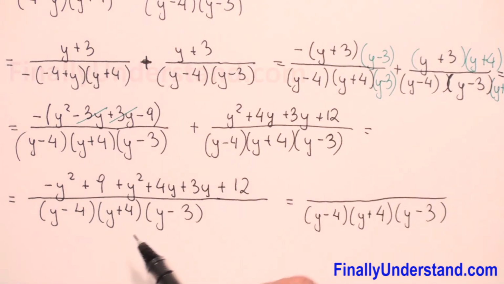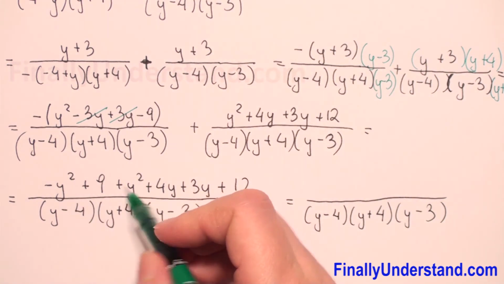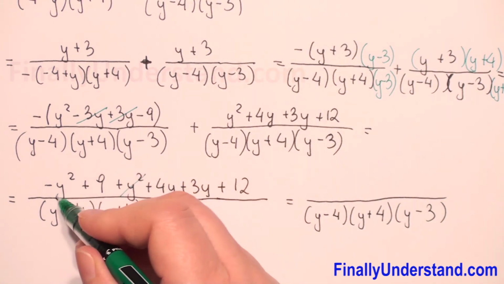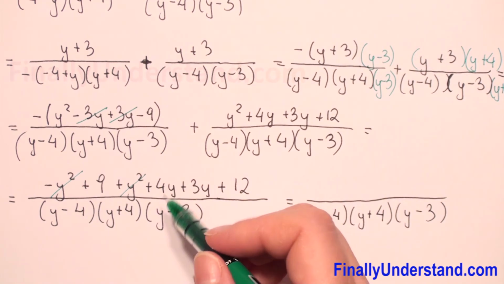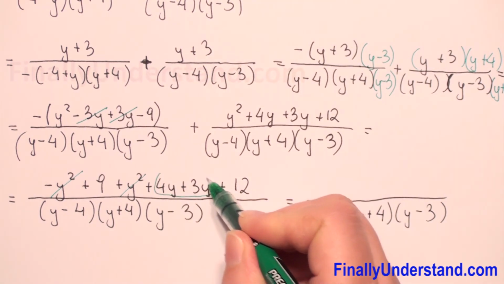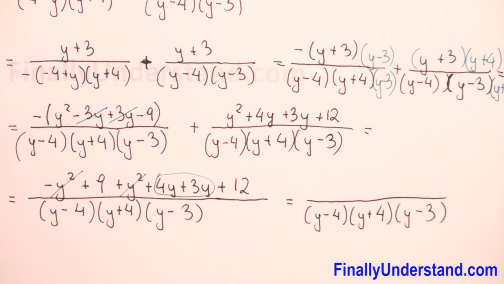and we can combine the like terms in the numerator. Y squared, negative and positive can reduce, and these are the like terms, and 9 and 12.